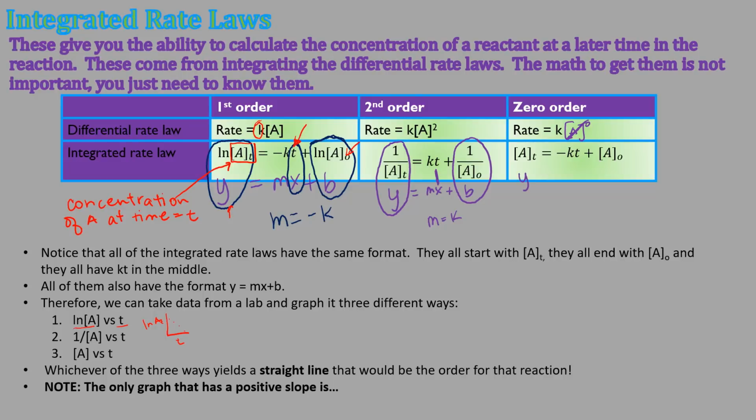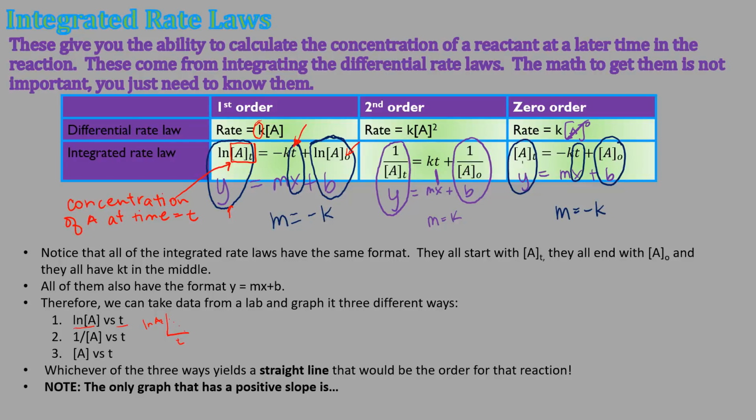So we still have y equals mx plus b, and the y-intercept is going to be the initial concentration of A. We're going to plot all of the A values on the y-axis that correspond with the particular times that we put on the x, and then the slope is equal to negative k.